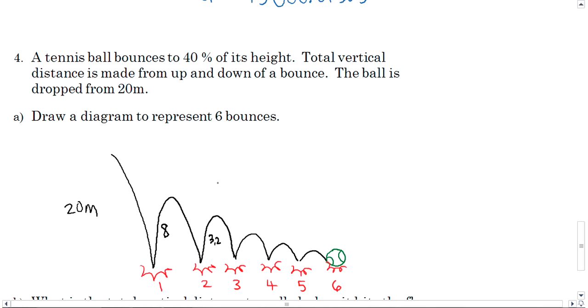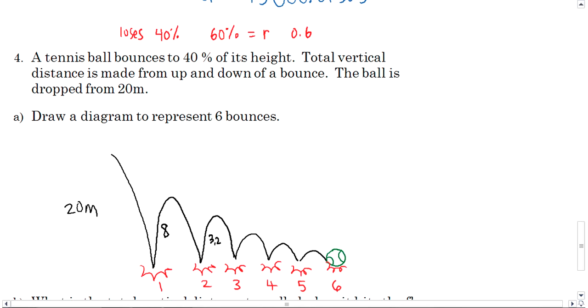Okay. Now, one way that teachers can make this a little bit more difficult, is to say that if I told you that the ball loses 40% of its height, that means it's actually going up to 60% of its height, which is going to be your ratio, or really I should say 0.6 is your ratio. Okay, so be careful.